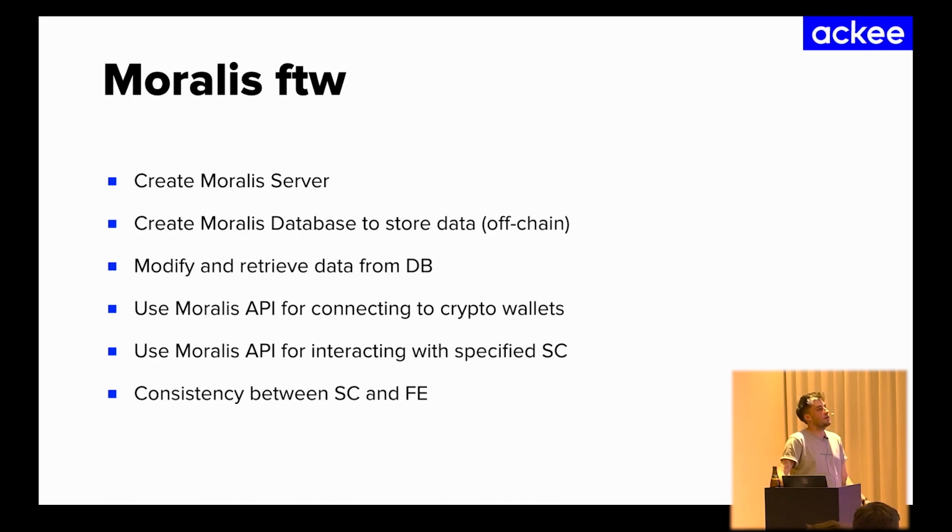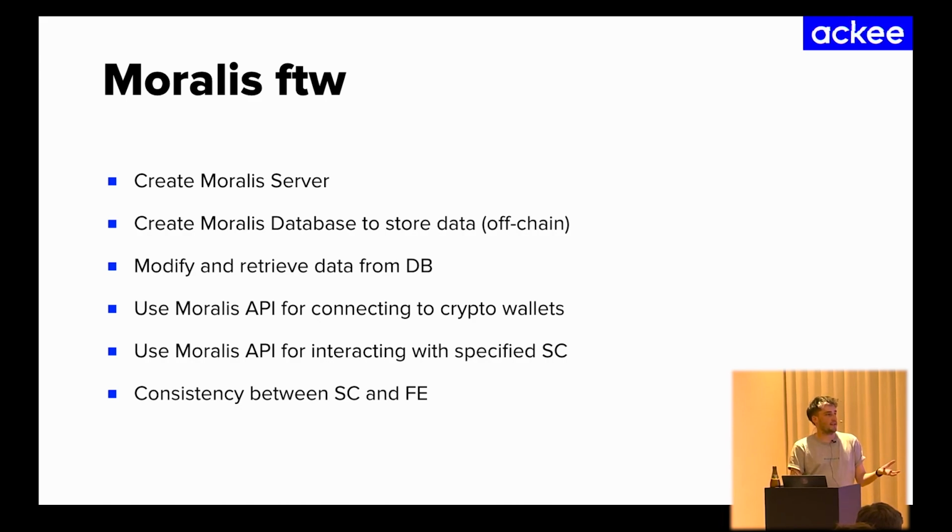So we have used Moralis many times, and Moralis is kind of a library or framework you can use. You can create the Moralis server with the database where the data of the chain is stored, and you can modify the data in the database. You can also use Moralis for connecting crypto wallets, interacting with smart contracts, and calling cloud functions.